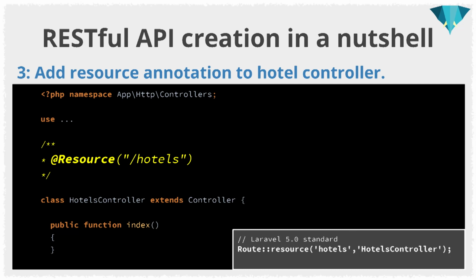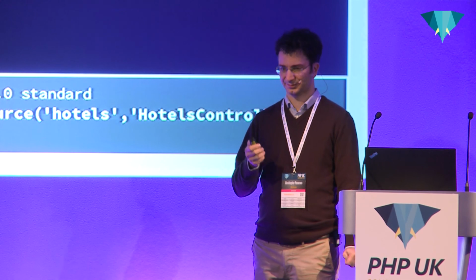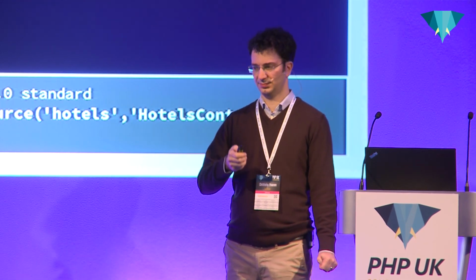In the lower right-hand corner, I've included the standard Laravel way of doing it so that we can compare. It's a little bit lighter in terms of code, because we just do resource hotels and we're done. Otherwise, we would have to open up the routes.php file and add the HotelsController and map that to the hotels request.